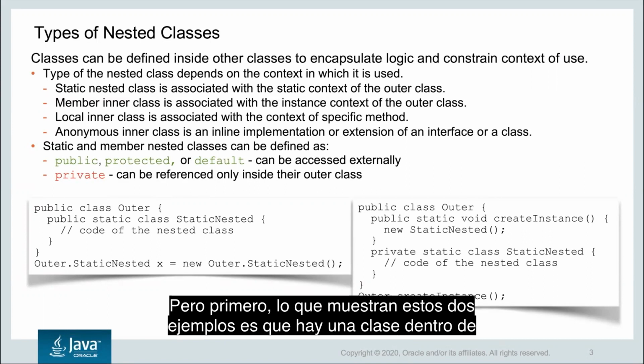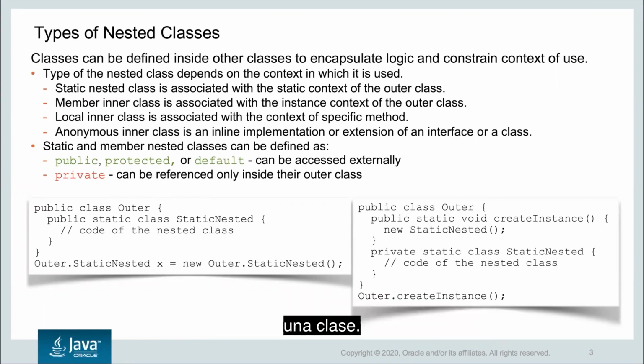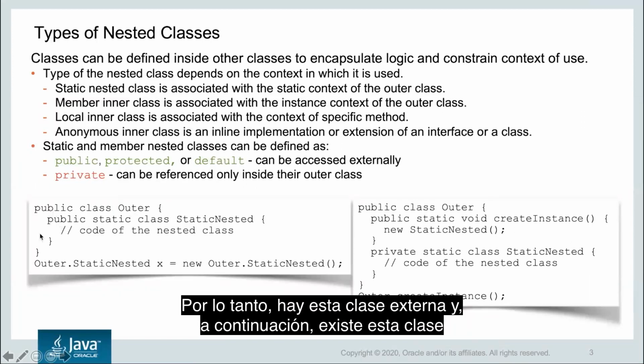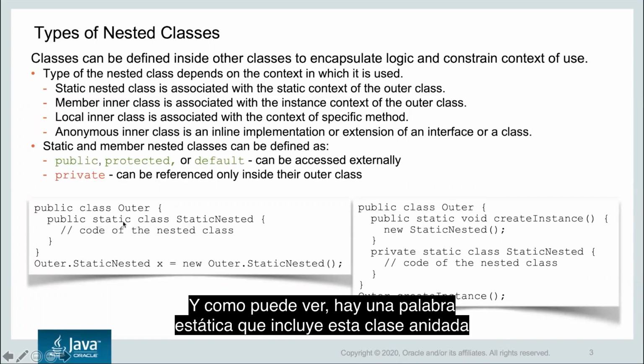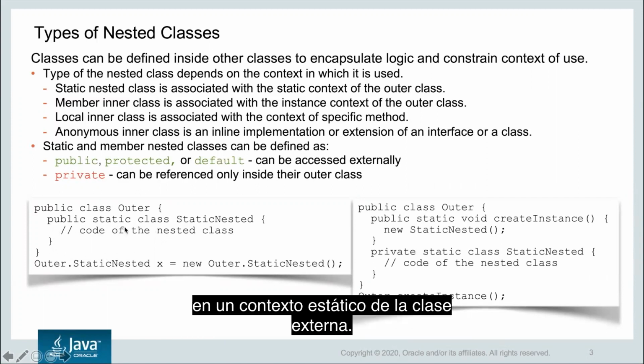But first, what these two examples show is that there's a class inside a class. There's this outer class, and then there is this nested class. As you can see, the word static is present on it, which places this nested class in a static context of the outer class.